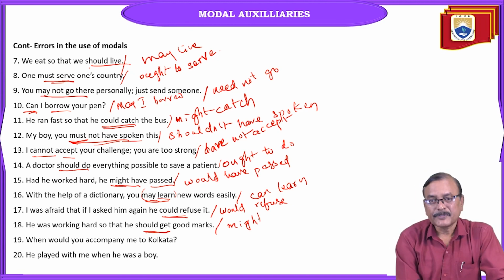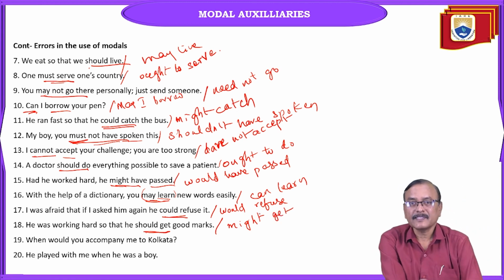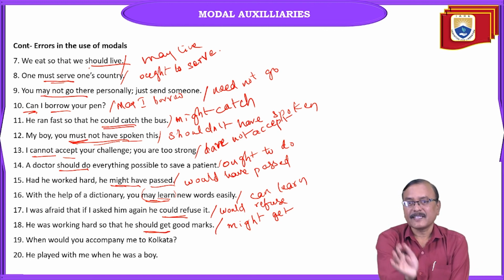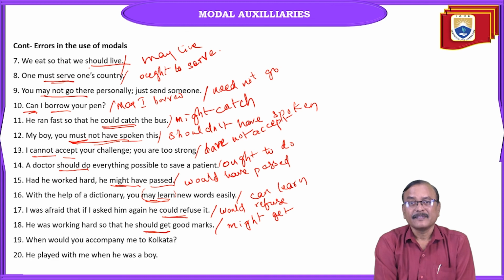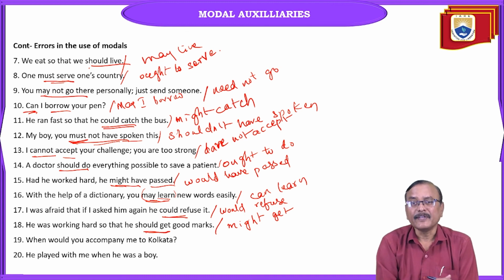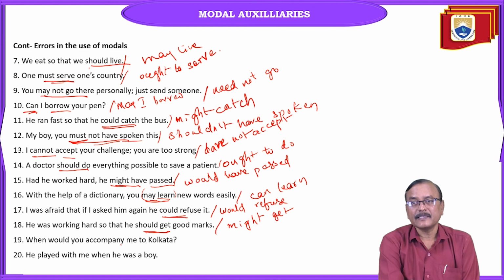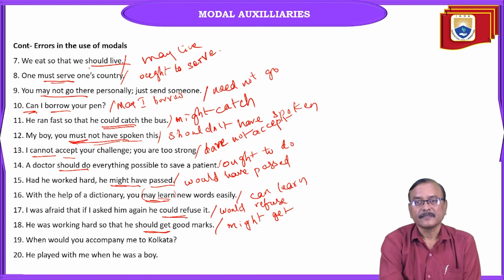So I am sure he might get good marks. Chances are there. But remember, at that moment, as I said, Sania was playing well. So she might win. She might not win also. Is it clear? So he was working hard so that he might get, this is a 50-50 chance only. If you want to say more chances, he could.